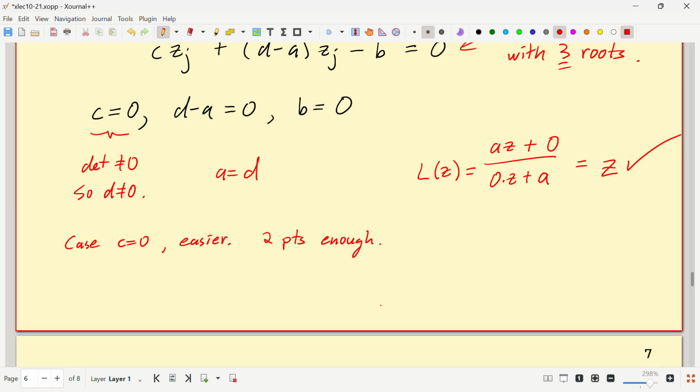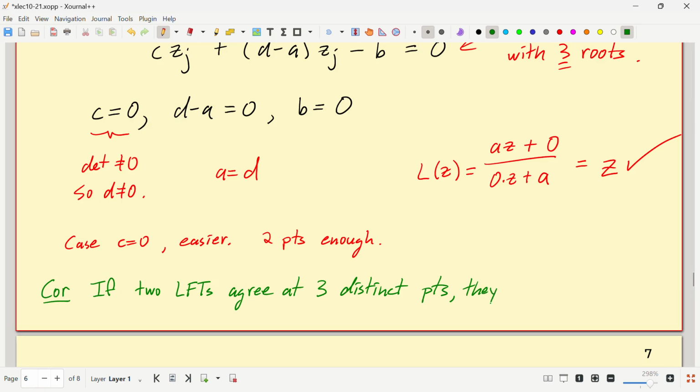Let's see. So the corollary, if two LFTs agree at 3 distinct points, then they're the same. That's a no-brainer.